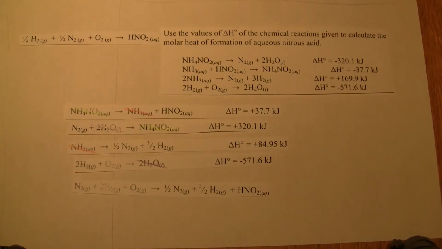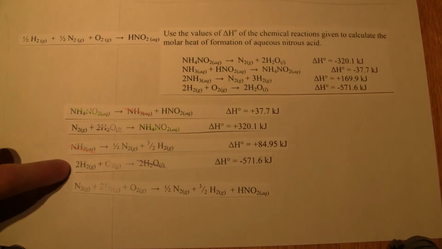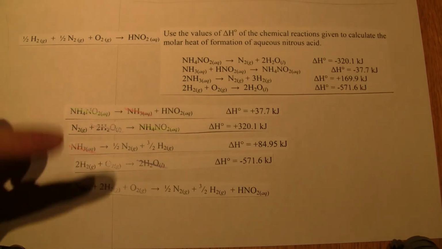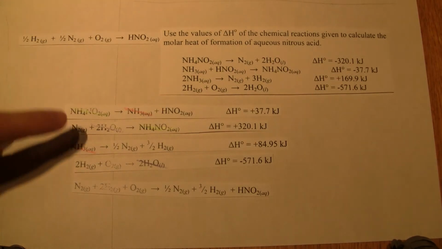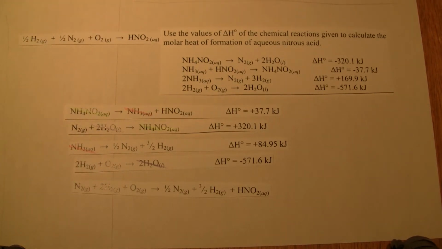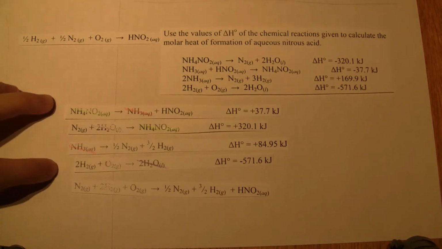And as you can see, we have the N2, we have the 2H2, 2O2, and the HNO2, and then the half N2 and the 3/2 H2. So this is simply simplifying the equation, adding all four previous equations into just one.